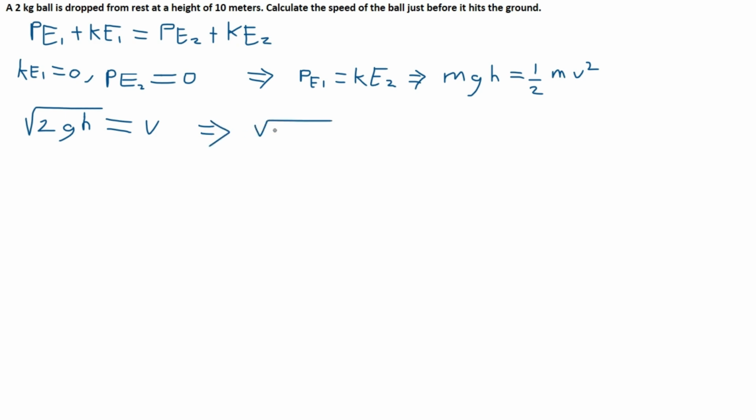So we get that the square root of 2 times 9.81 meters a second squared times 10 meters is equal to the velocity. And we get that the final velocity is equal to about 14 meters a second.